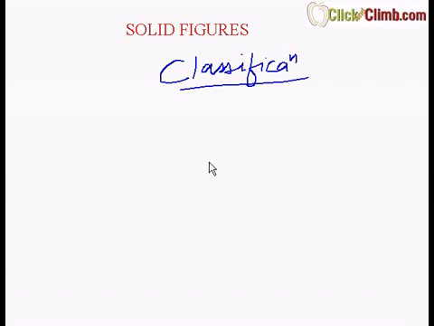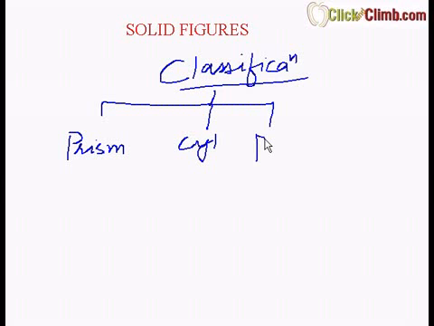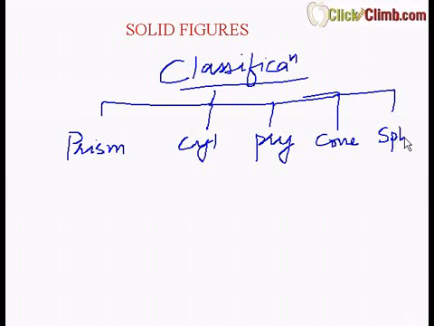Now, how can we classify solids? We can classify solids as prism. Okay, now this is cylinders. We can classify it as pyramids, and one more can be cones, and we can classify it as a sphere.